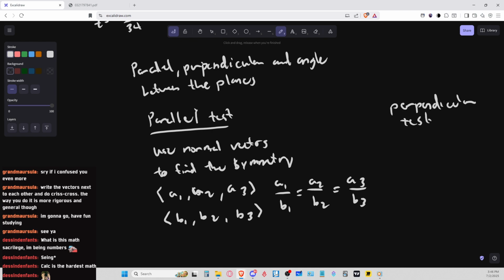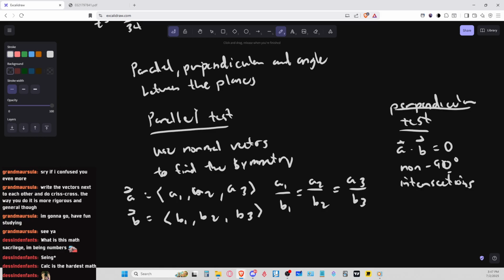We'll just write this as vector A, vector B. And then for the angle, let's see, non-90 degree intersections. Use cosine.